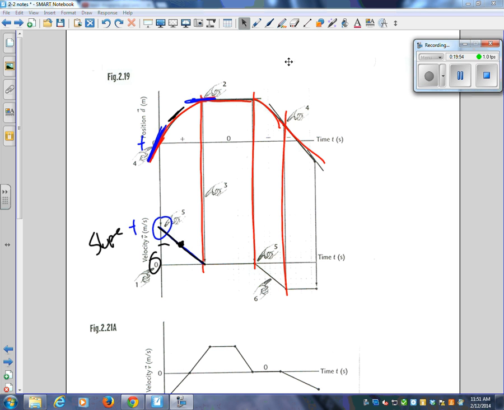The next section, the slope goes from instantly 0 to negative, and then it becomes more and more negative. So my slope goes from 0 to very negative.